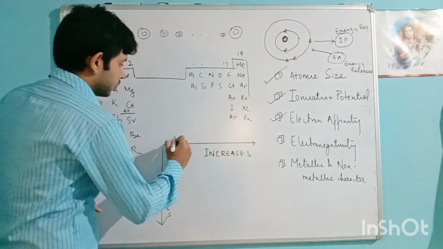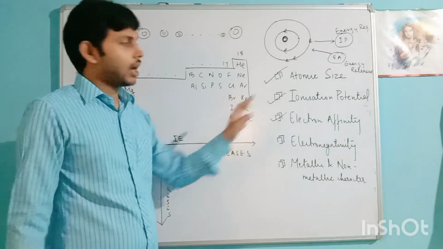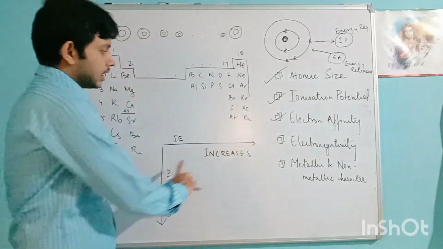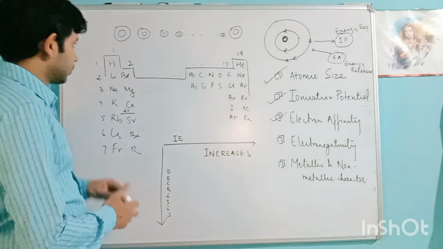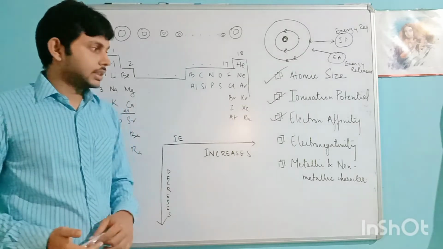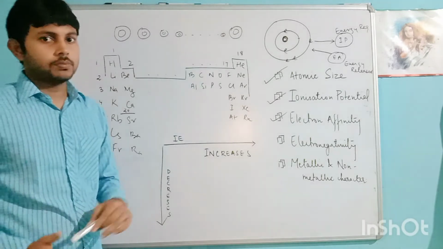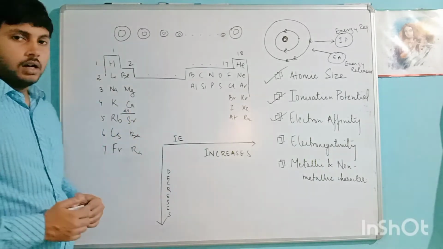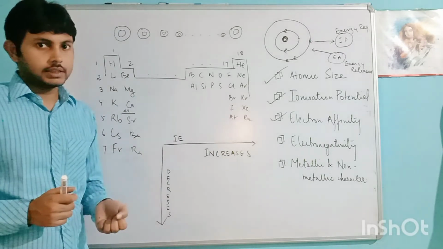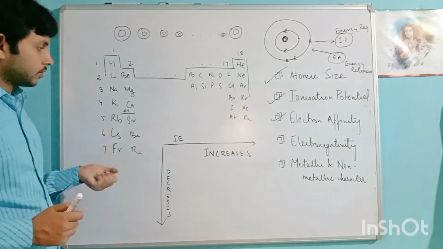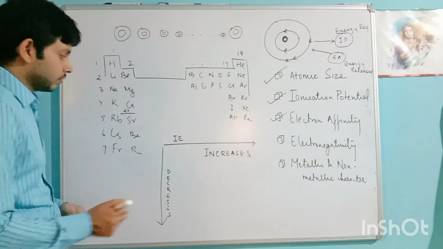That is why ionization energy or ionization potential increases across a period. Down the group also atomic size increases, but ionization energy decreases down the group. The reason is down the group nuclear charge increases and also the number of shells increases. So these two make the overall ionization enthalpy decrease downward.